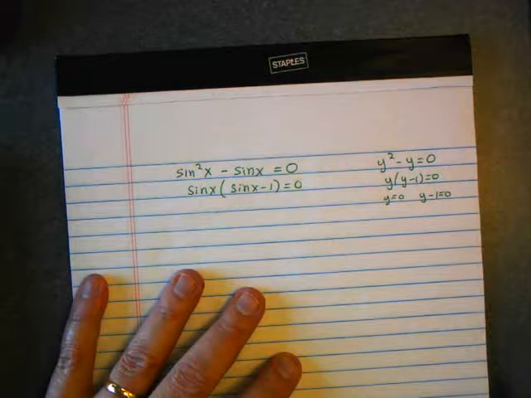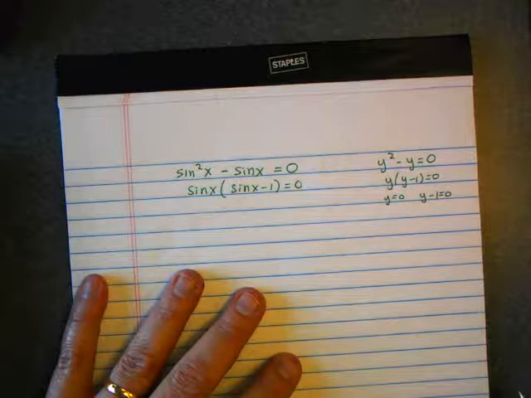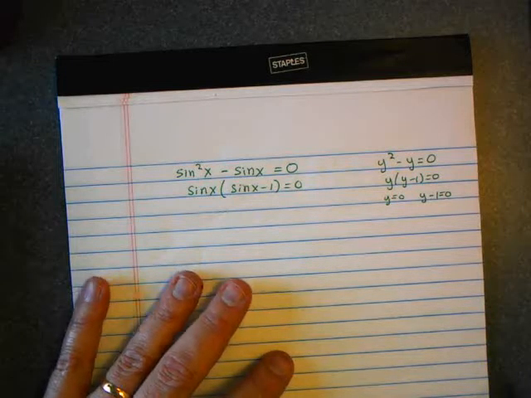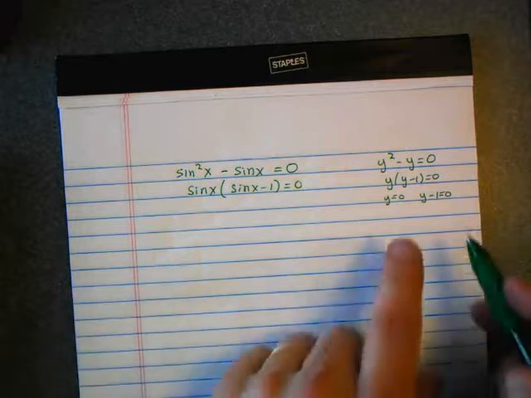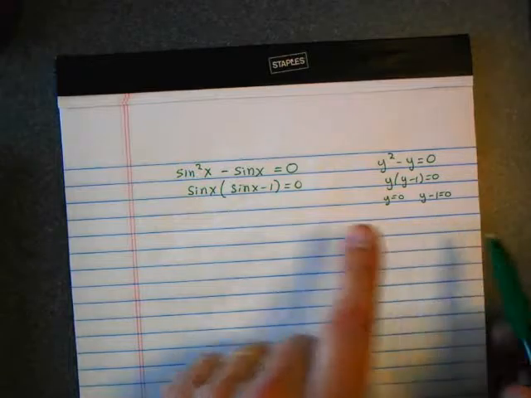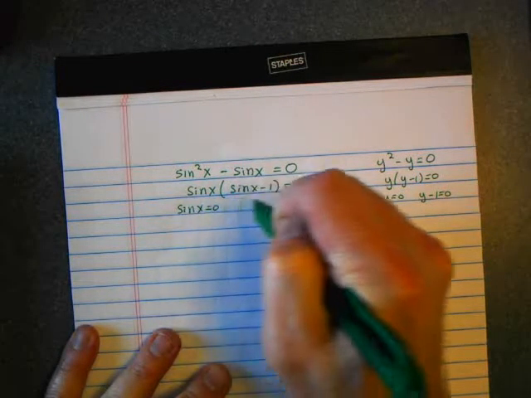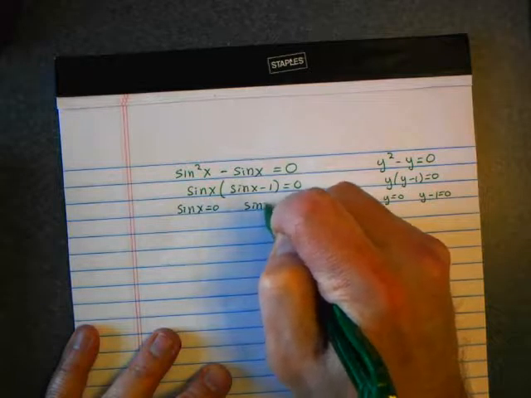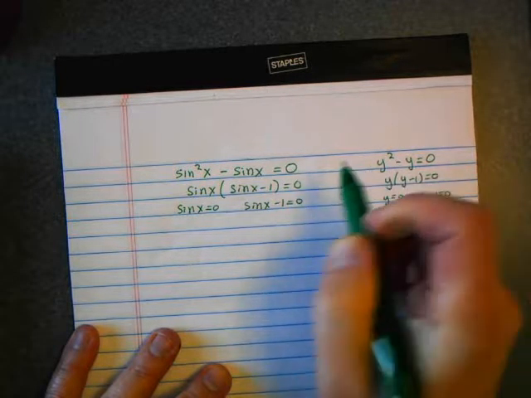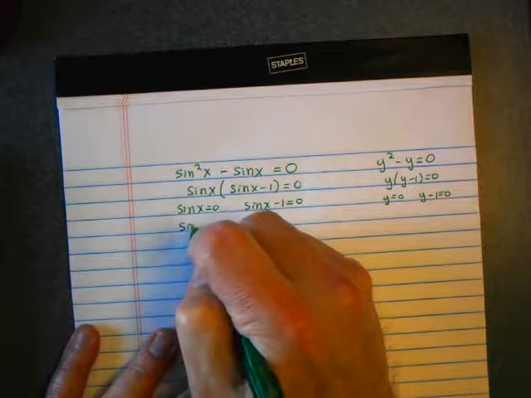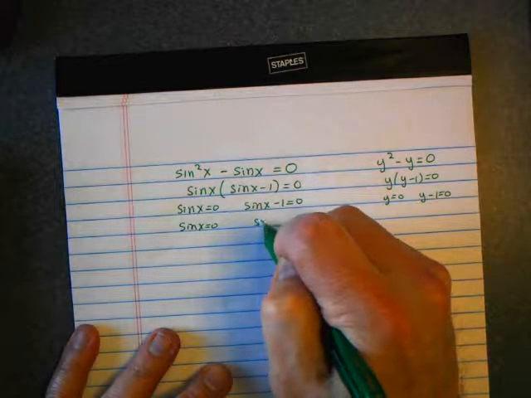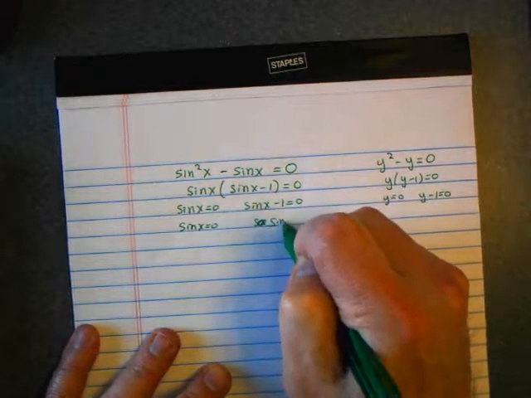Would we be allowed to say let sine x equal y and then go back to sine x? If you want to. That adds extra steps, but basically that's exactly what you're doing. After I factor, I set each piece equal to 0. So sine x equals 0, sine x minus 1 equals 0. So sine x equals 0 or sine x equals 1.